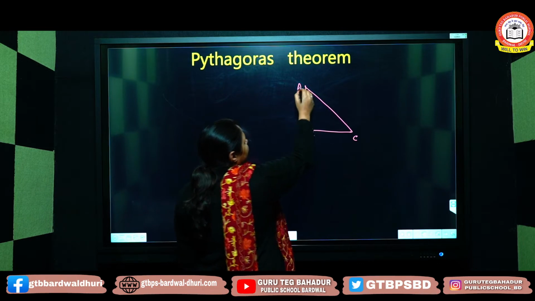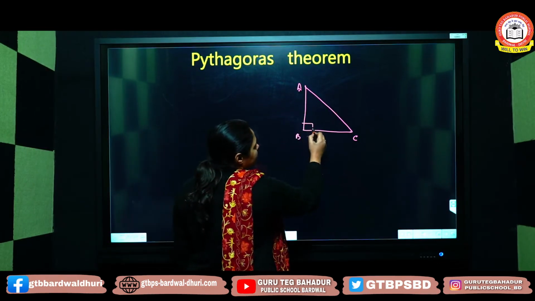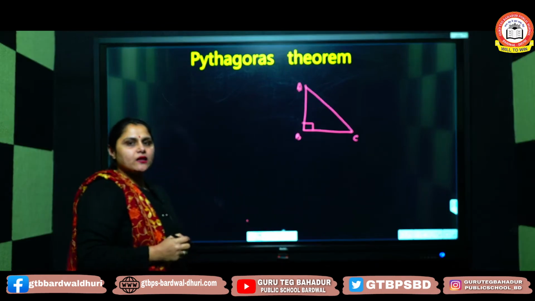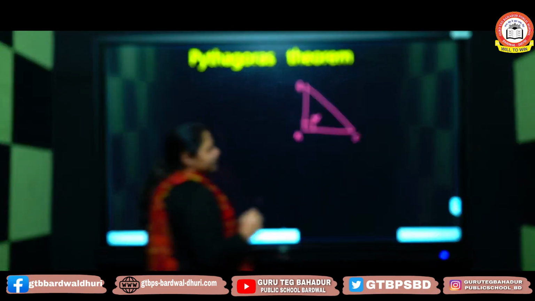What is a right triangle? A triangle in which one angle is of 90 degrees. Here this angle B is of 90 degrees.